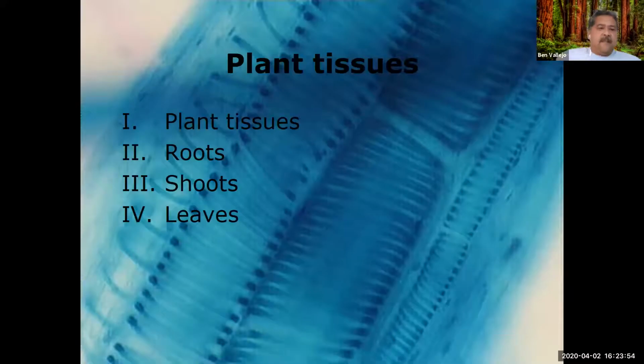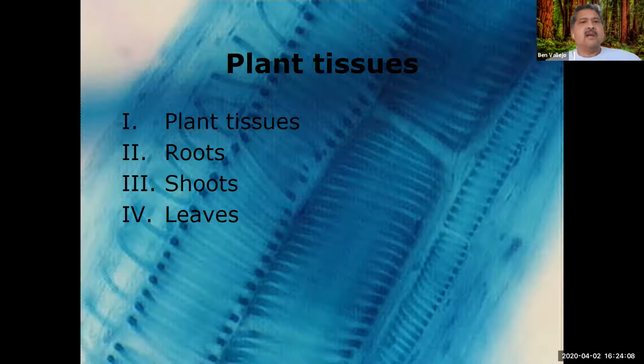Alrighty. Now I'll be covering the tissues of the advanced plants, the angiosperms. So let's take a look at the plant tissues, roots, shoots, and leaves.